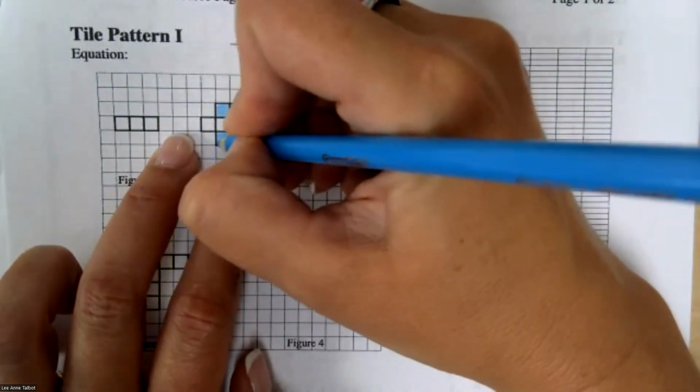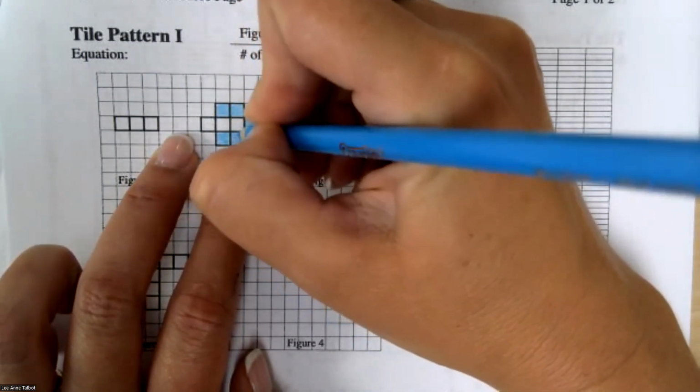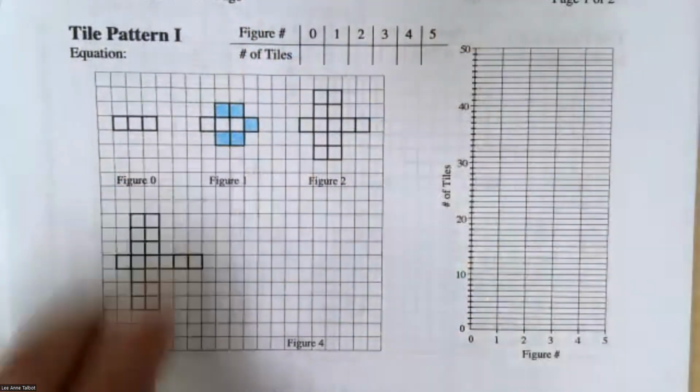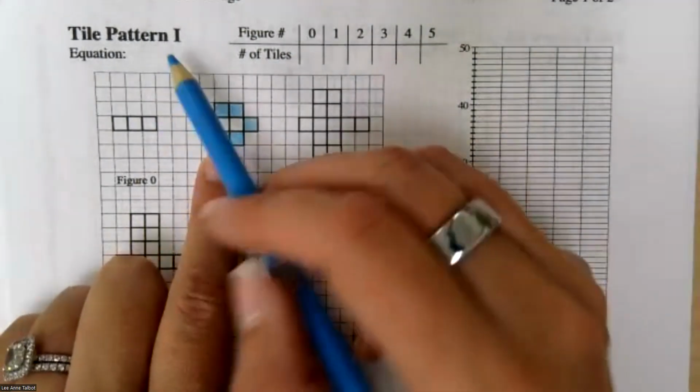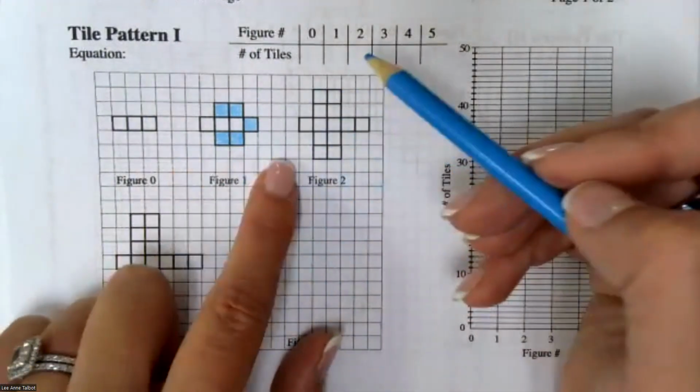Do I color in the new tiles? Yes. Can I pick a color? You can pick a color. Okay, I'll pick orange. Excellent. These are the new tiles for figure 1.